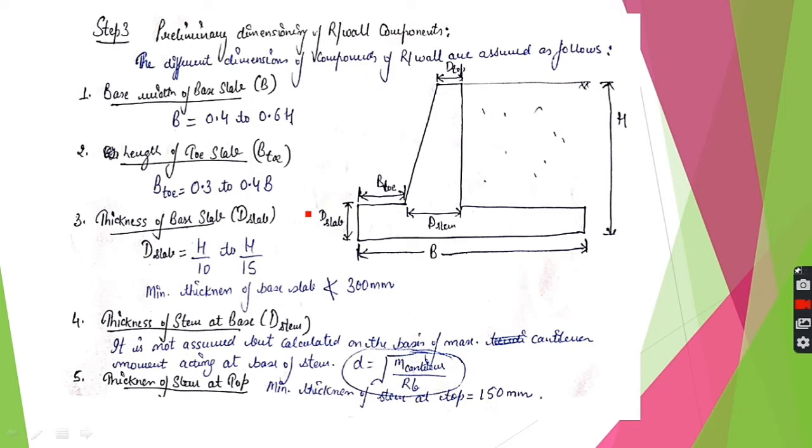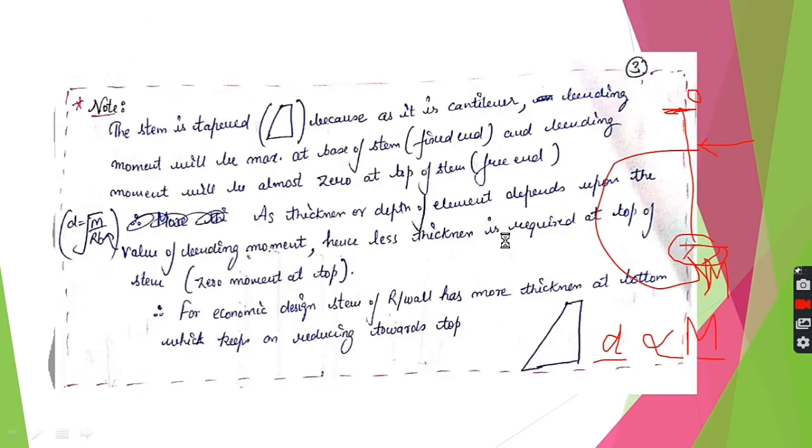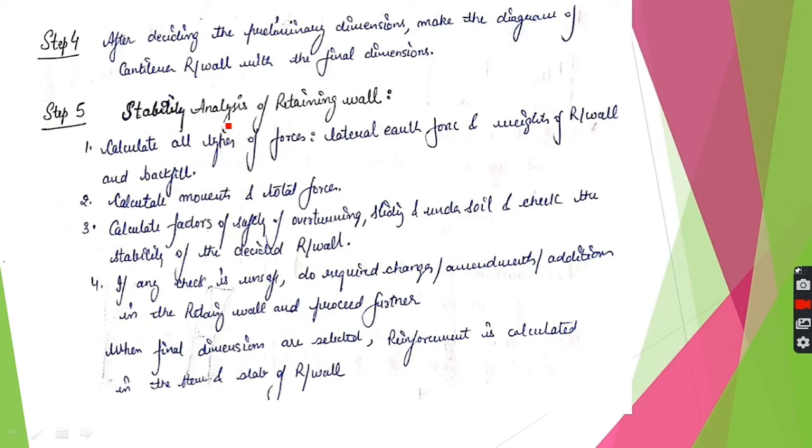As you have decided all these dimensions on the basis of certain assumptions, it is a rule of science that whenever you make any assumption, you have to check whether it is correct or not. So you need to check whether, with these dimensions, your retaining wall will come out to be stable or not. We will do that with the help of stability analysis, which I already explained in detail earlier.